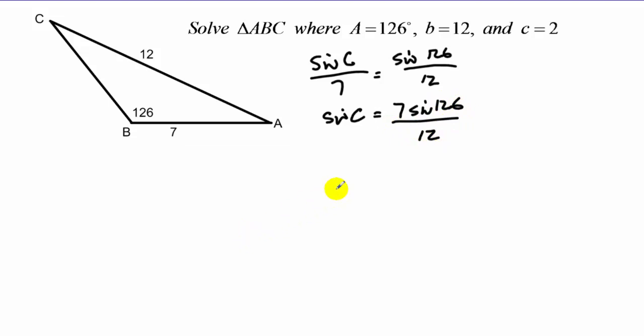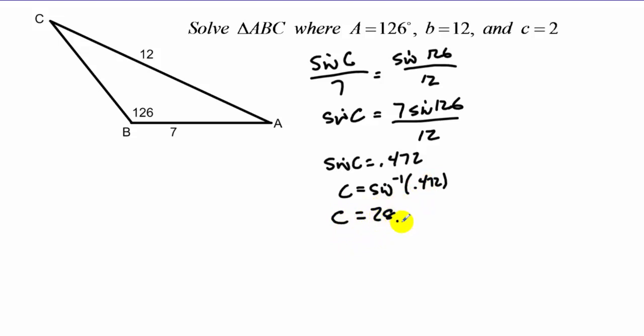And I end up with the sine of C equaling 0.472. So C is equal to the inverse sine of 0.472. Again, we'd leave that in our calculator without rounding. C is equal to 28.16 degrees.